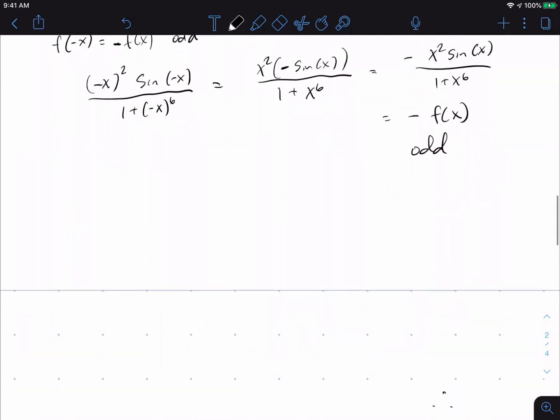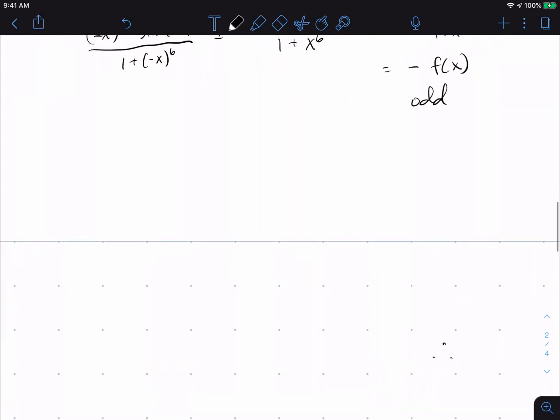Now, I want to do a couple more examples, just because it's good to show you a bunch of examples. And so here are some examples for you to look at. So x to the 3rd cosine of x to the 4th plus 2 dx.